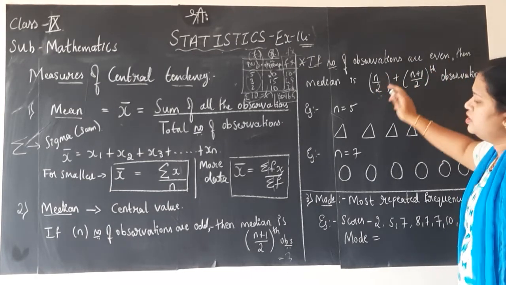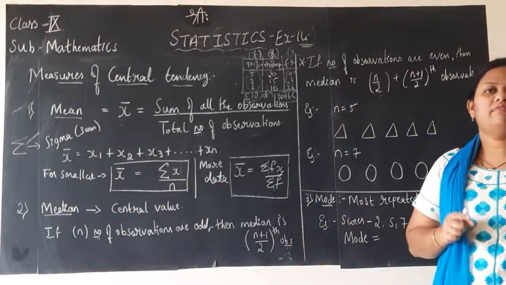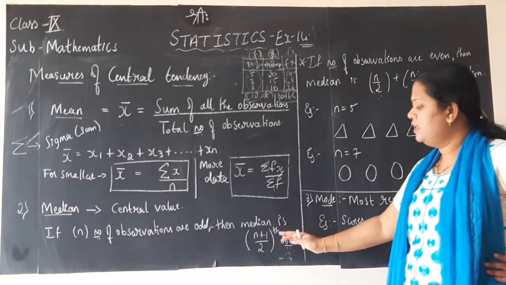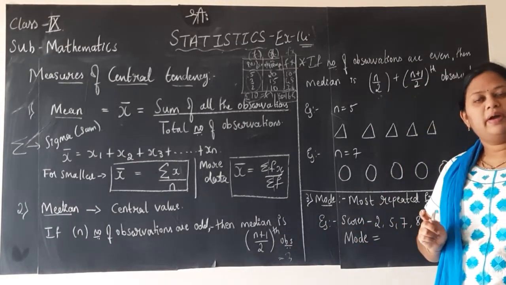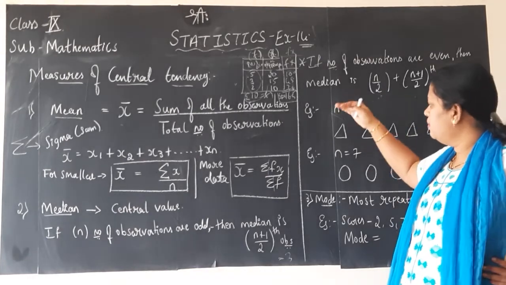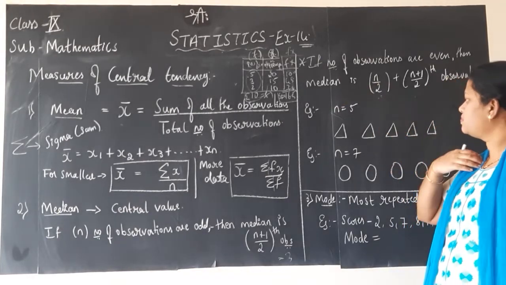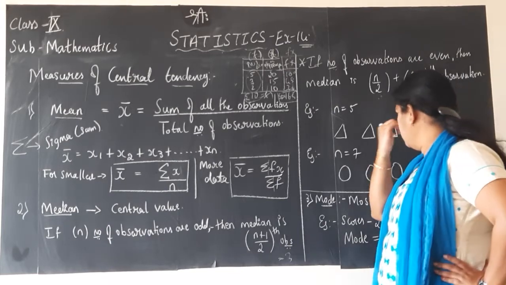That accounts to the median value if the number of given data is even. So for odd, n plus 1 by 2, and for even, n by 2 plus n plus 1 by 2, just remember that. Okay? To make you understand, I have chosen one example, which is odd.